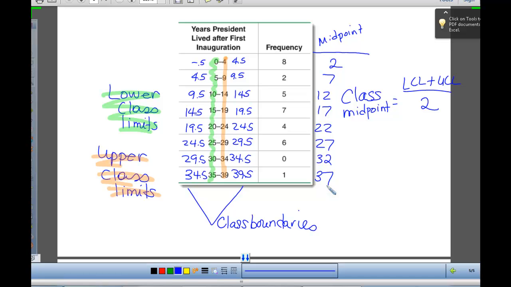Okay, 3 reasons for constructing a frequency distribution. They listed them very clearly in the textbook. Let me go back and look.